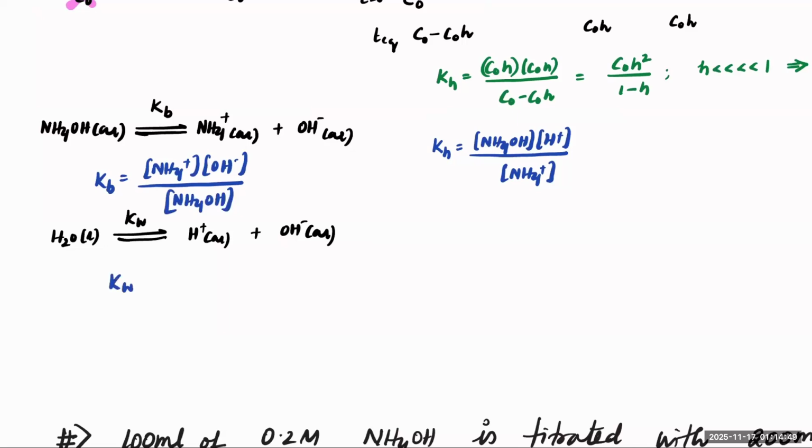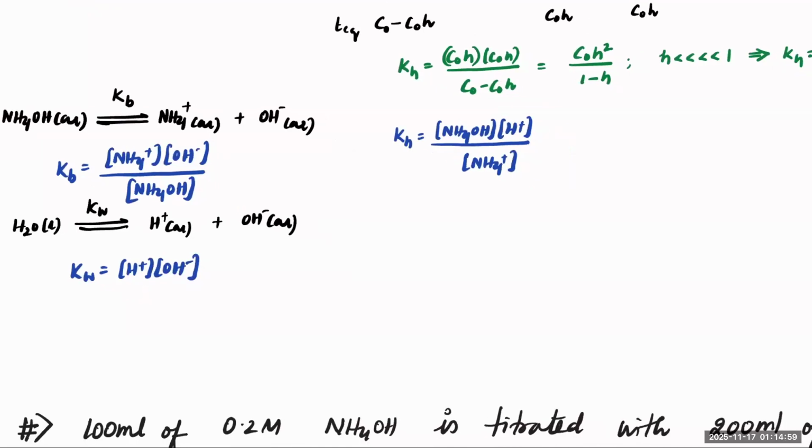While Kw can be represented as H plus concentration into OH minus concentration. Now you can clearly make out that if I multiply Kh into Kb, it will lead to the formation of Kw.